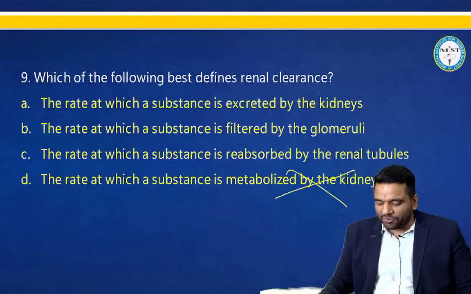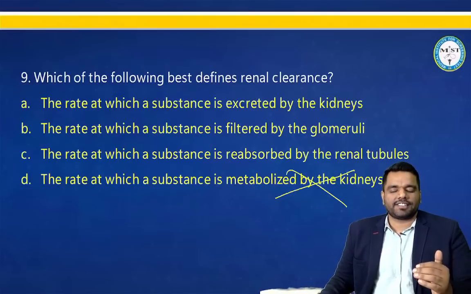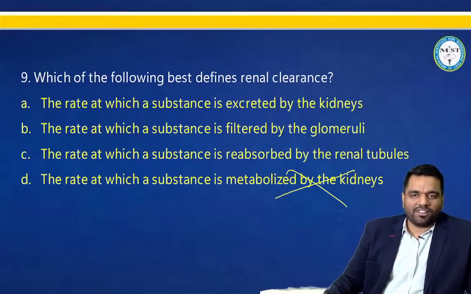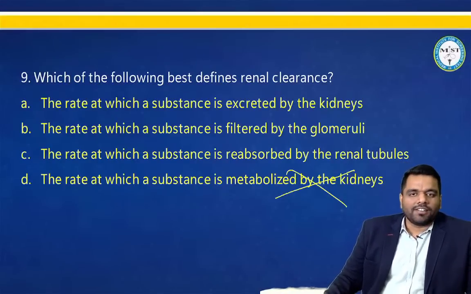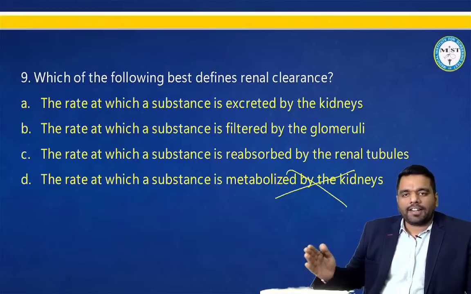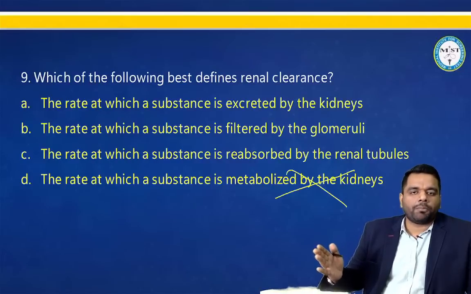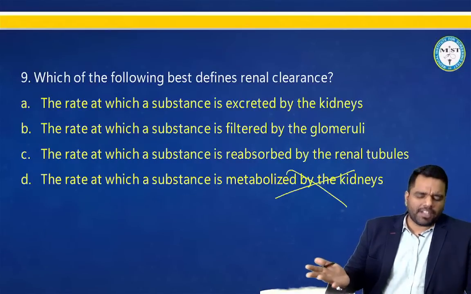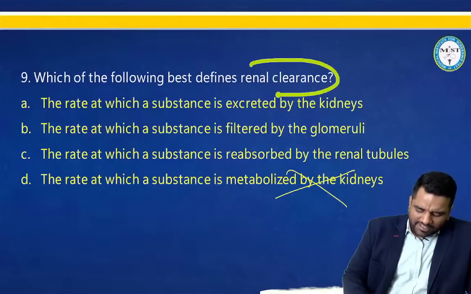Okay, let's discuss one by one, from downside to upside. So let's talk first about option C. Option C states the rate at which a substance is reabsorbed by the renal tubules. This is not the definition of clearance.